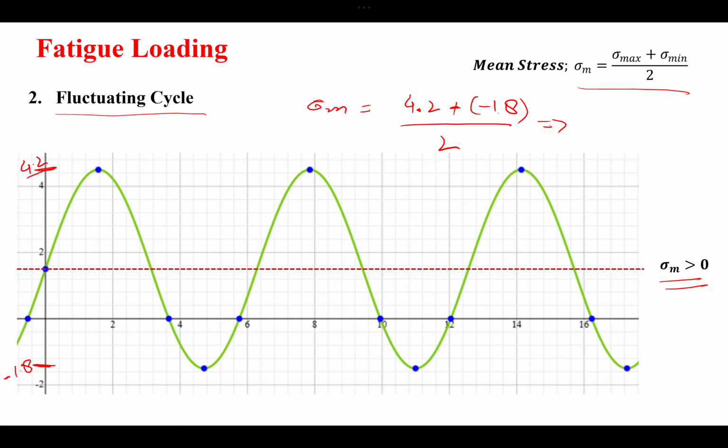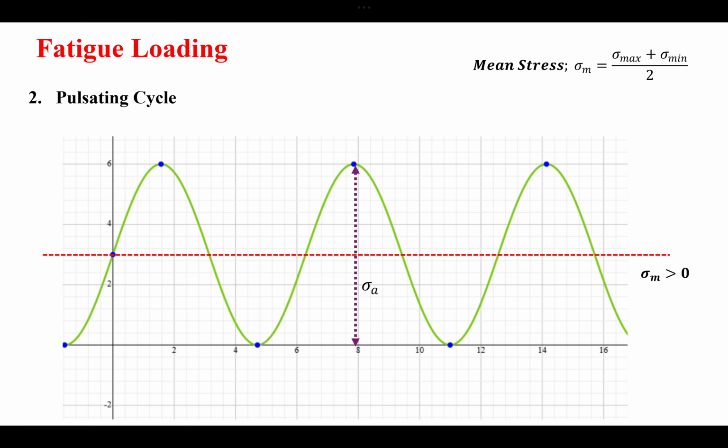So you get sigma mean somewhere greater than 0. When that is the case, you have a fluctuating cycle instead of a fully reversed cycle, and this has a very different fatigue analysis. The fatigue analysis for a fully reversed cycle would be rather different, and that is why we need to understand what kind of loading is applied on the component.